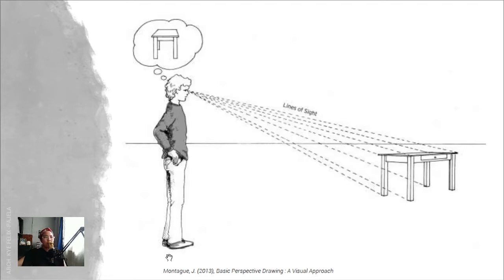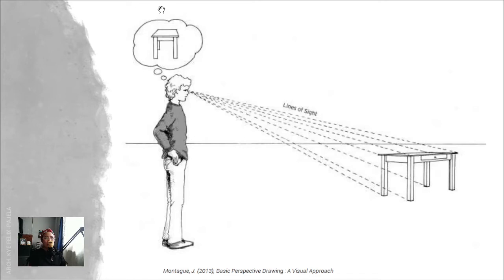So, ang ma-observe natin dito, tinitingnan niya yung table and sa viewpoint niya, ganito ang itsura nung table. Okay? So, yung mata niya is above the table at a certain height. And then, tinrace din kung ano yung mga lines of sight niya para makabuo ng ganitong image.